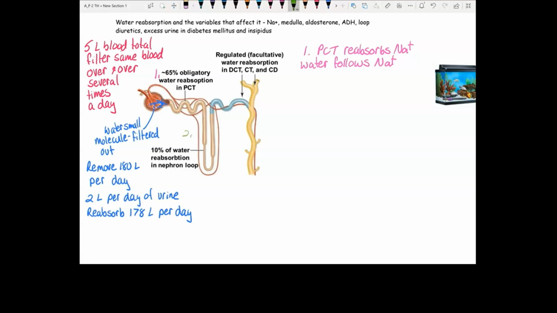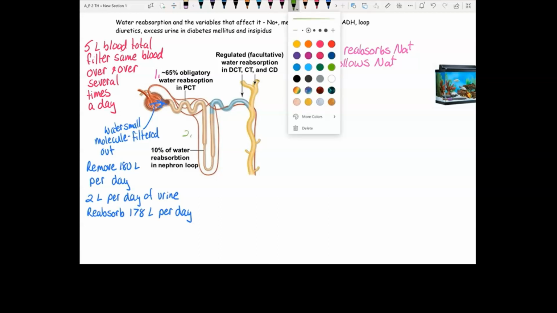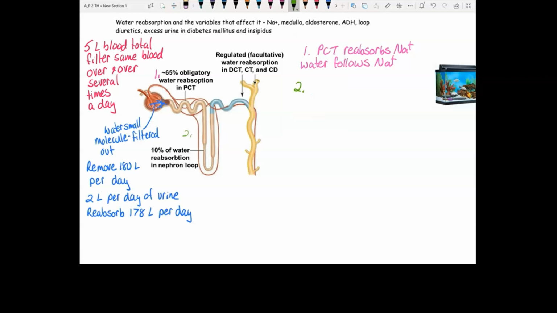Number 2 occurs down here at your loop. This is 10% of your reabsorption in the loop. The loop has 2 parts. If we think about the flow of tubular fluid, remember tubular fluid is coming from the proximal convoluted tubule and it's going down and then it curves and it goes back up.